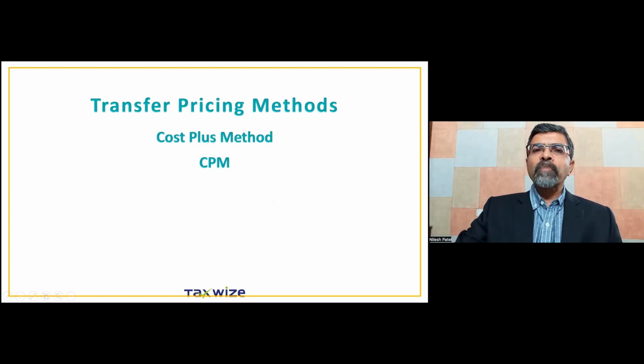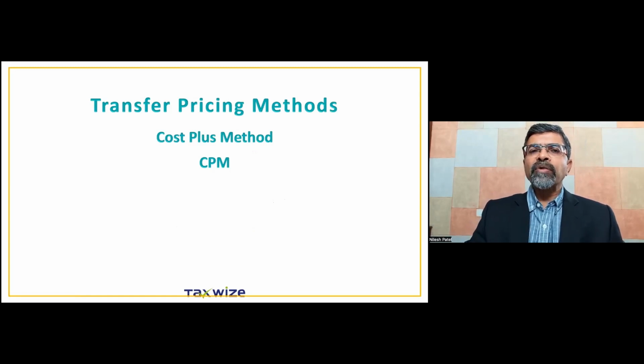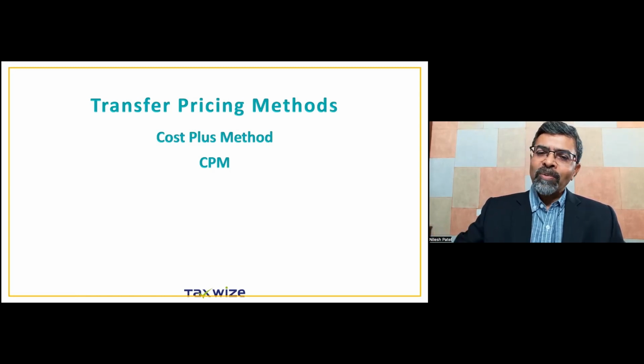Next comes the cost plus method, CPM. Here, the tested party out of two or more related parties participating in the controlled transaction is either a service provider or a low-risk manufacturer. In such a case, we can apply cost plus method.